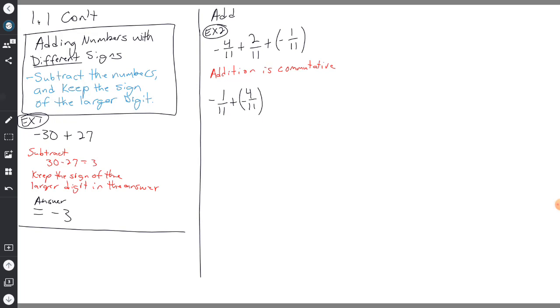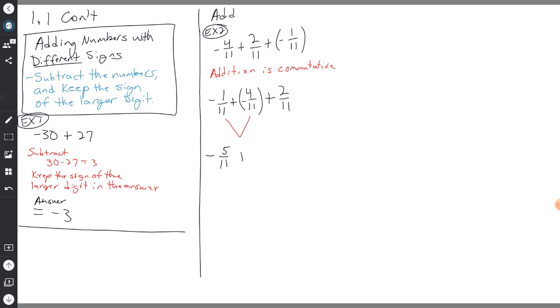Then plus, now that we have the negative numbers together, they have the same sign. Those two negative numbers have the same sign. So what would the result be? Negative 5 over 11. All right.